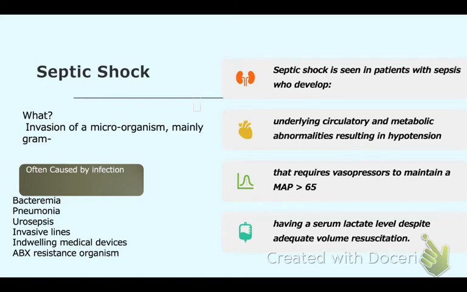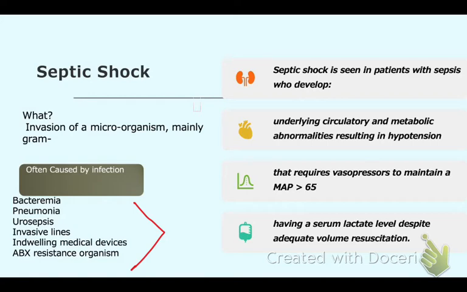And all of these things down here can definitely cause it, right here, indwelling medical devices. What we're trying to prevent when we take out those Foley catheters early, we're trying to prevent SIRS, but we're also trying to prevent sepsis in our population at the hospital as well.